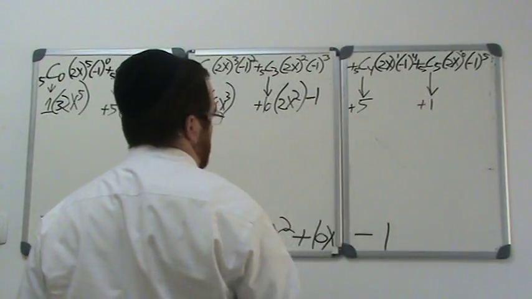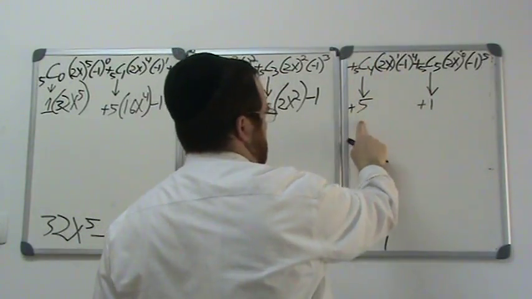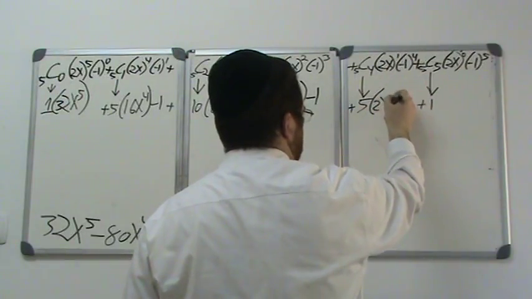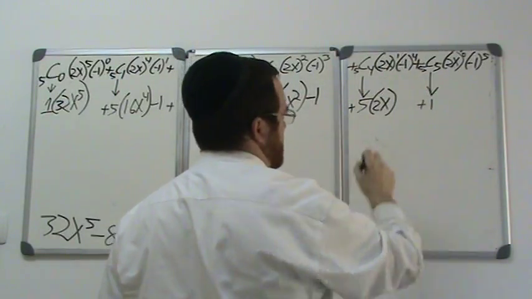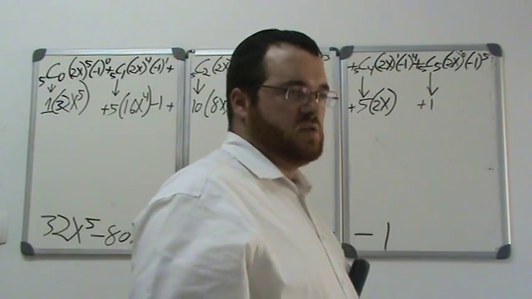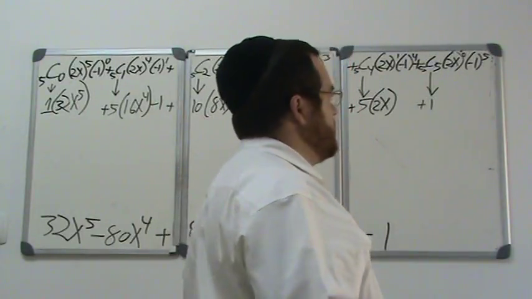The third negative 1 brings it back to being a negative 1. 5 combination 4 is equal to 5. 2x to the first power is just 2x. So it's 5 times 2x. And negative 1 to the fourth power, it's an even power, so the negative becomes a positive. And 1 multiplied 4 times is just plain 1.